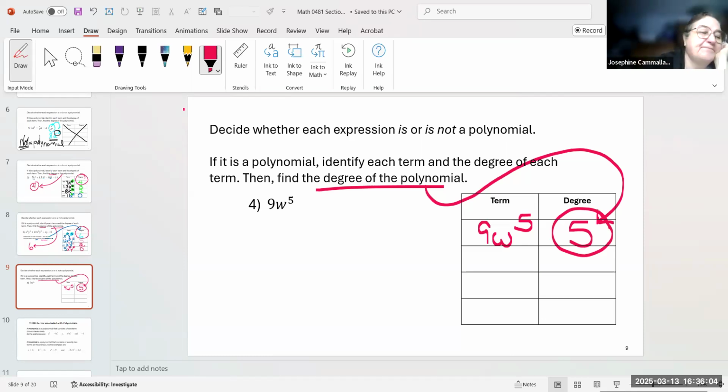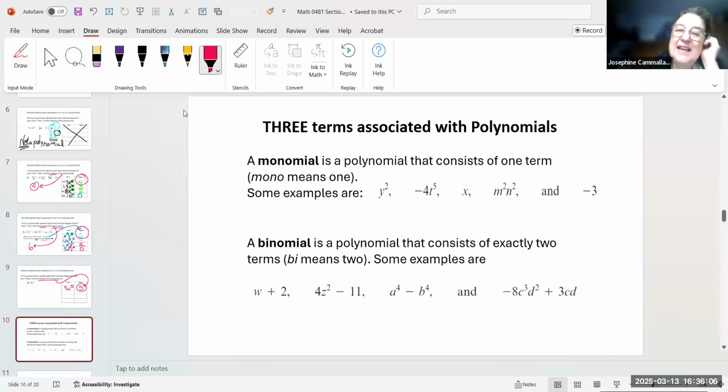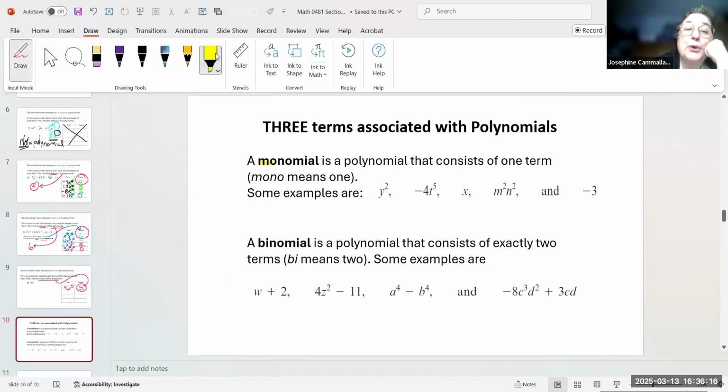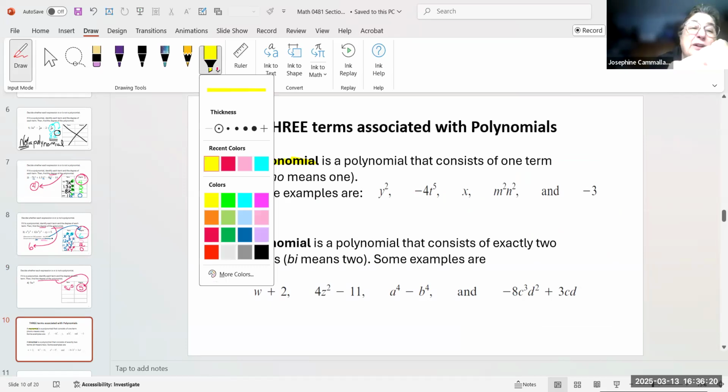Now, a couple of things that we're going to talk about are words, and words are going to become real important to us. We want to talk about a monomial.